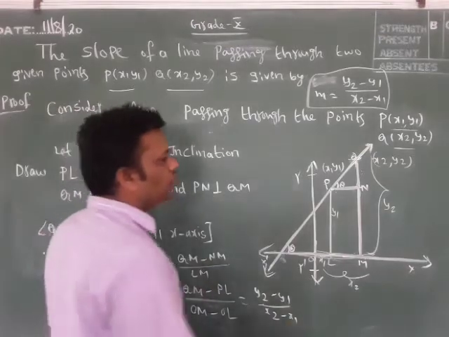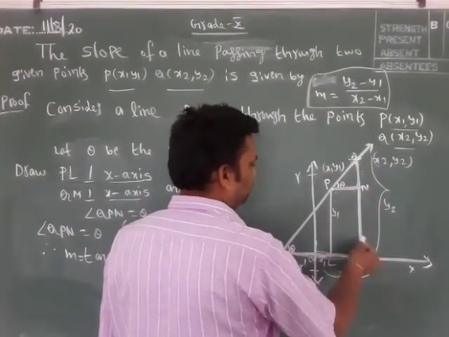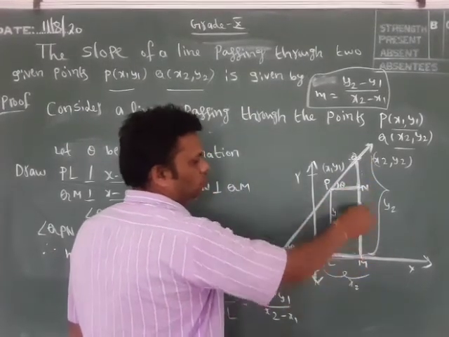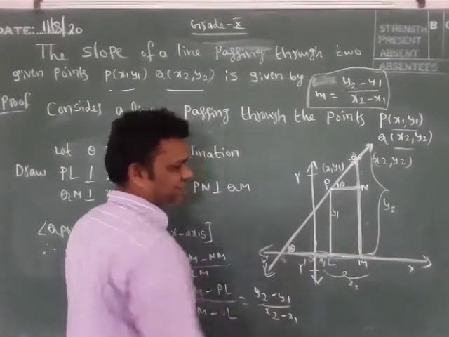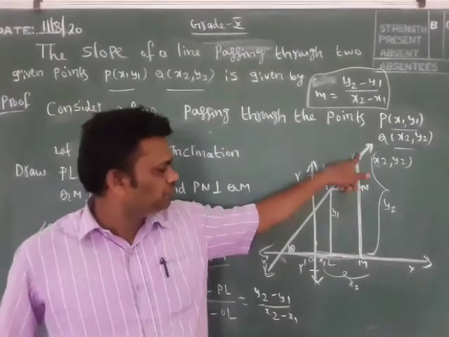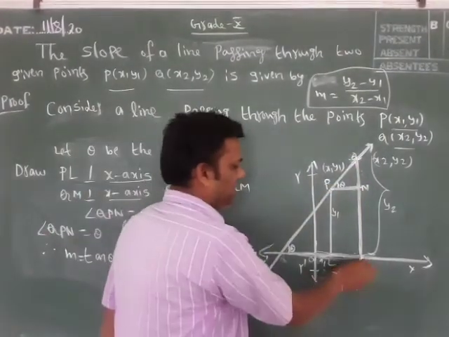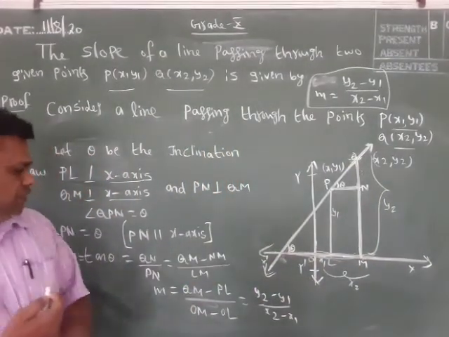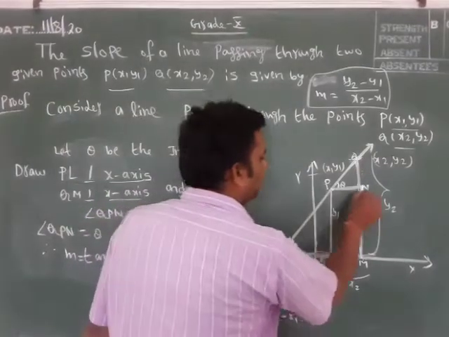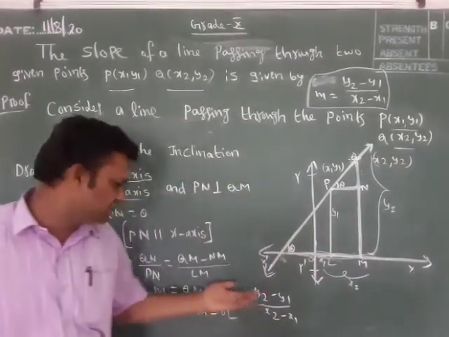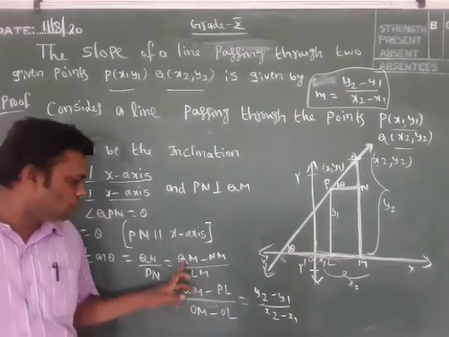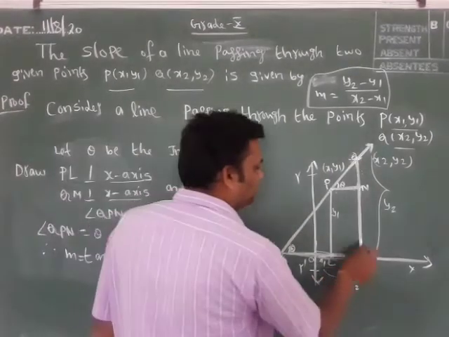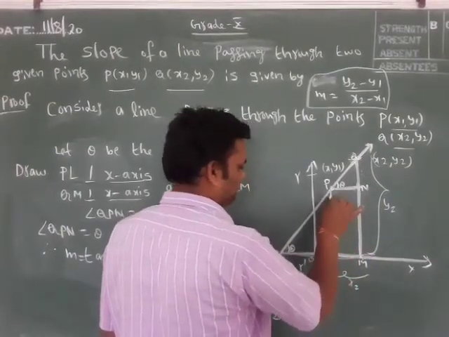But how will QN come? QN is total QM minus NM. PN is nothing but LM, and NM is nothing but PL.